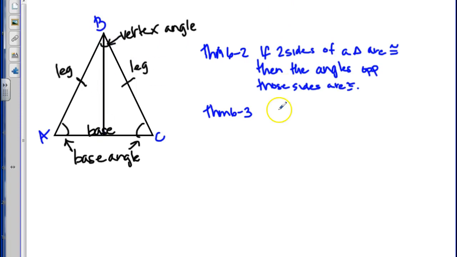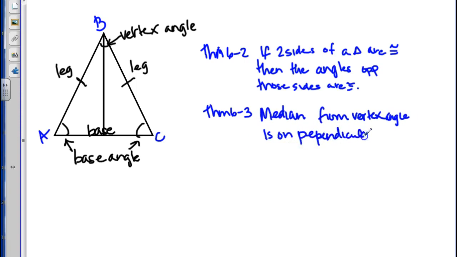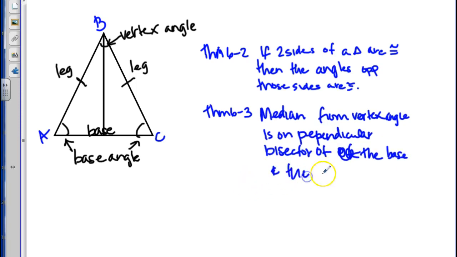So the median of the triangle that goes from the vertex angle is on the perpendicular bisector of the base, and the angle bisector of the vertex angle. Wow, we have a lot going on there.